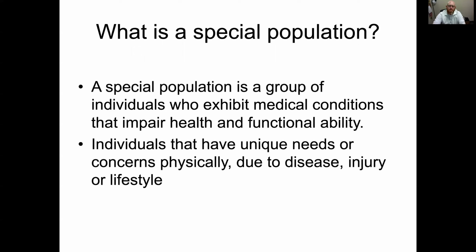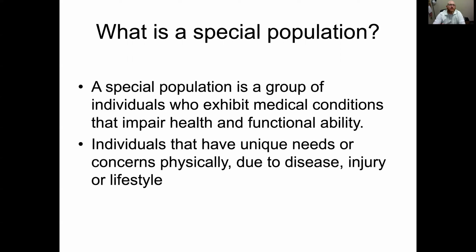Basically what it amounts to. It can be someone who is pregnant. All pregnant ladies would be a special population. People with intellectual disabilities can be in special populations. People with diabetes, people who are overweight.